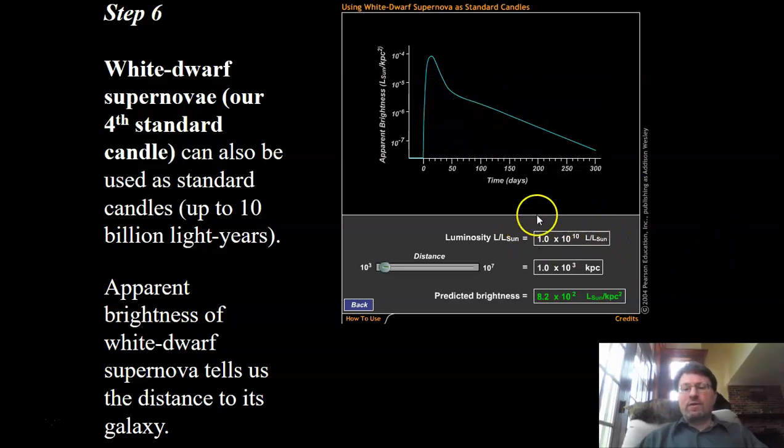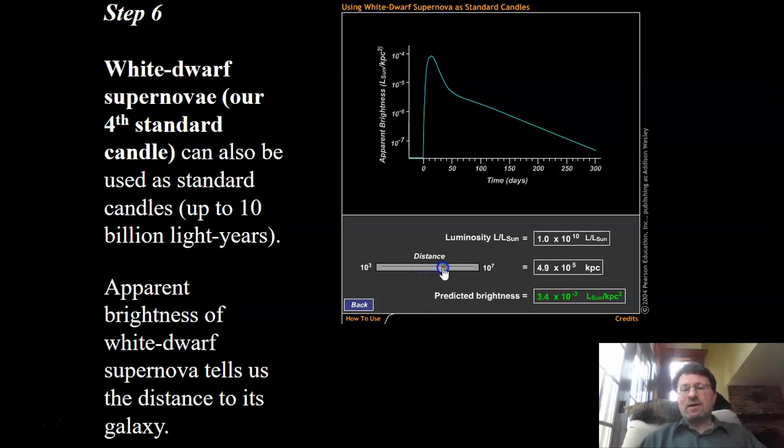Now, all white dwarf supernovae, to a wonderful approximation, have the same peak luminosity of 10 billion solar luminosities. And so at this distance of 1,000 kiloparsecs, a megaparsec, the predicted brightness would be 820 solar luminosities, much more than this. But imagine you put the object further and further away.